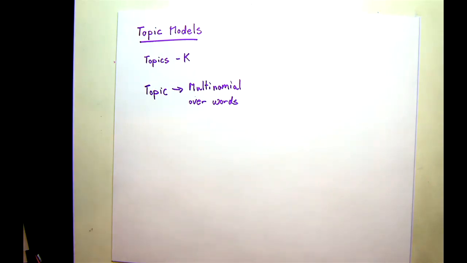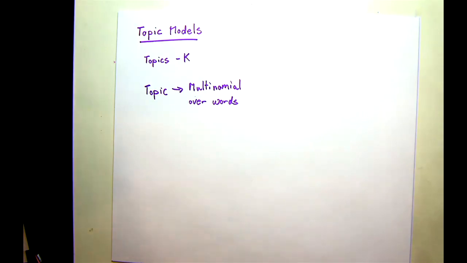Now you can get multiple counts of any given word because you're just sampling IID, so a word can occur multiple times, and we're going to be able to figure out how the words and the topics are set up, just like we could with clustering. So again, the word order doesn't matter, just because we're just sampling words.